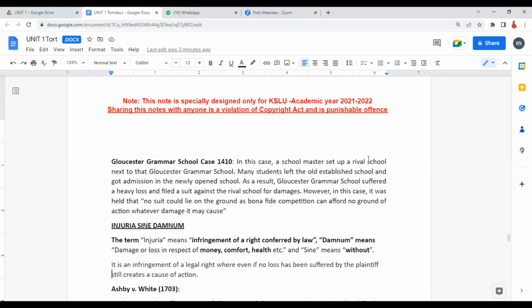Nowadays, what we are seeing in employment is, if you take the example of a managing director or somebody in that position, usually the company will not allow that person to leave the company and start a similar kind of business. So that is also called a breach of contract, or I don't know the exact terminology.